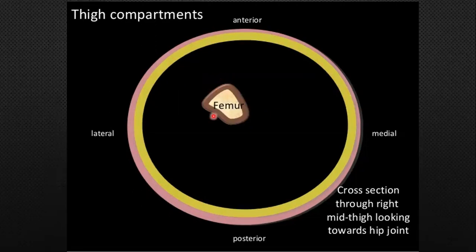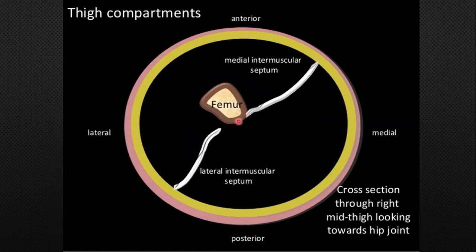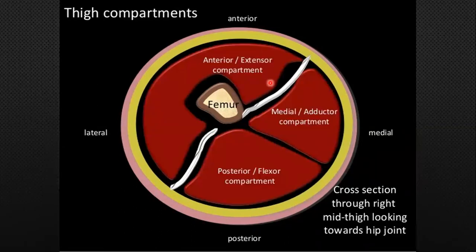Here in the middle is the bone of the thigh, the femur, and from the posterior surface of the femur, these two intermuscular septa go and attach to the inside of the deep fascia of the thigh. These two septa, the medial and the lateral intermuscular septa, divide the thigh into the fascial compartments. Now, as you can see, this is not a true anatomical division.